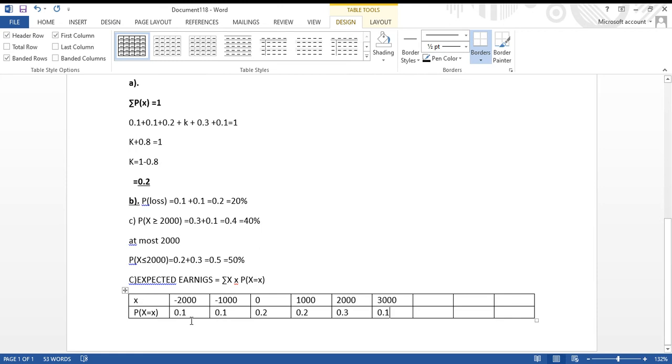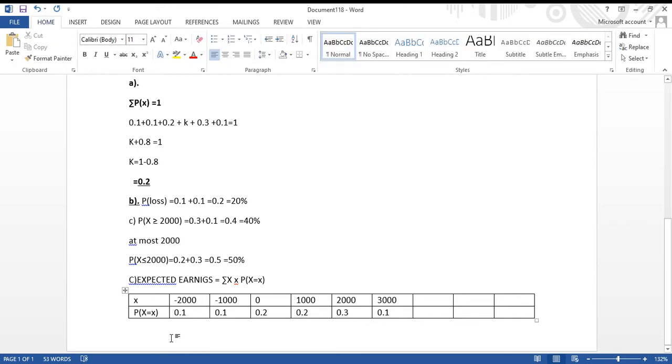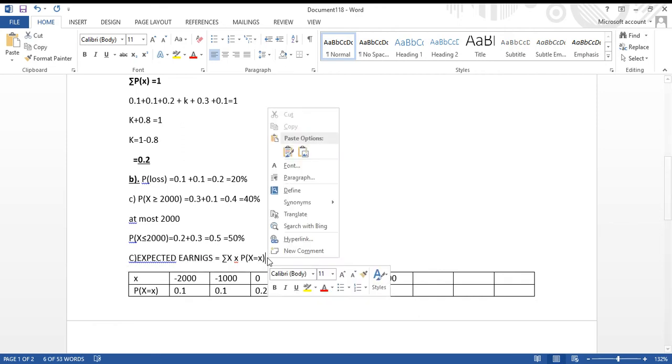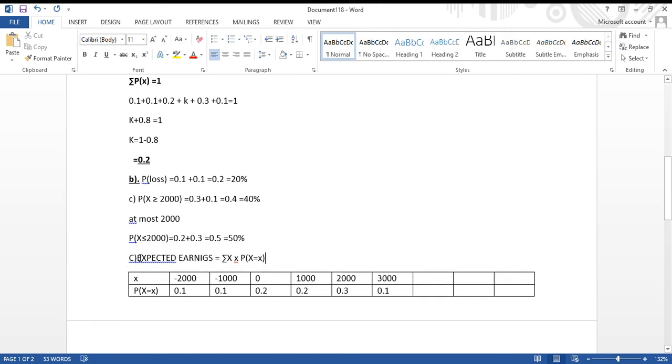So each probability, we're going to multiply it with its x value, all right? So for expected earnings, let me just bring this formula down here.